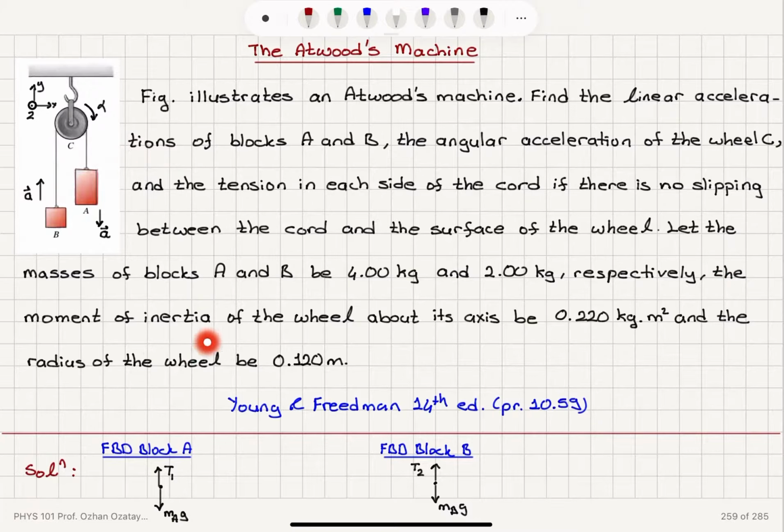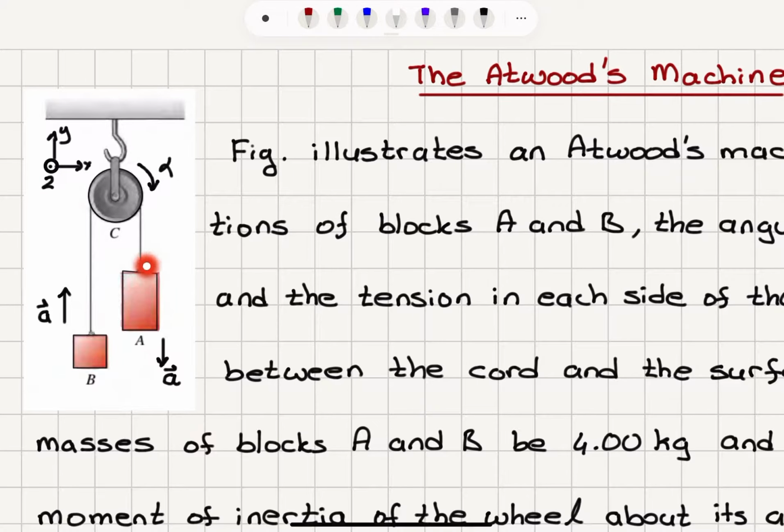The moment of inertia of the wheel about its axis is 0.22 kilograms meter squared and the radius of the wheel is 0.12 meters. Okay, so as you can see here, I'm assuming that block A is accelerating down, block B is accelerating up, and the wheel is turning in the clockwise direction, so this is the direction of angular acceleration.